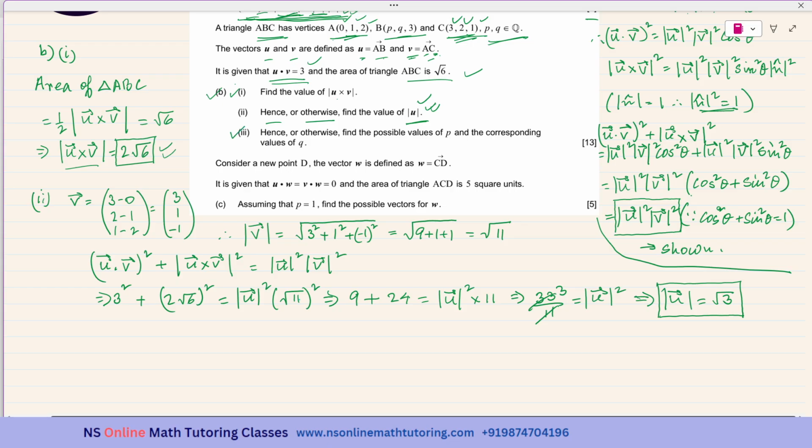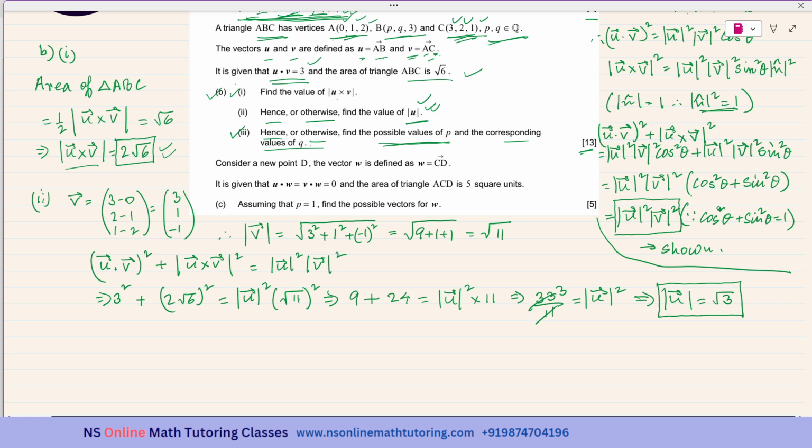Now coming to III, hence or otherwise again. Find the possible values of P. That means there will be more than one value of P and the corresponding values of Q. And all these three subparts taken together will be containing 13 marks, quite a lot. Okay.